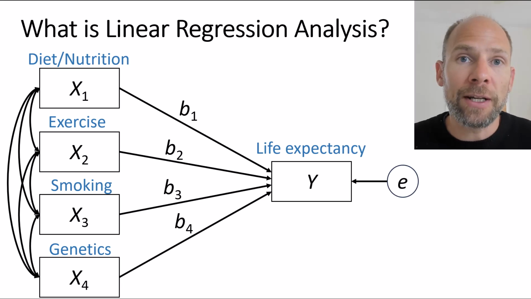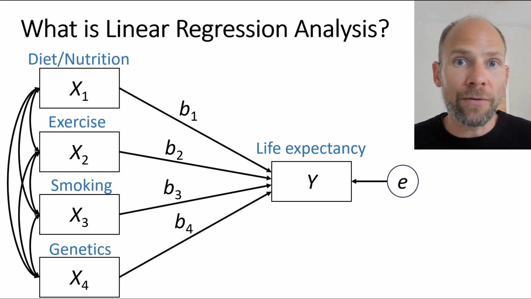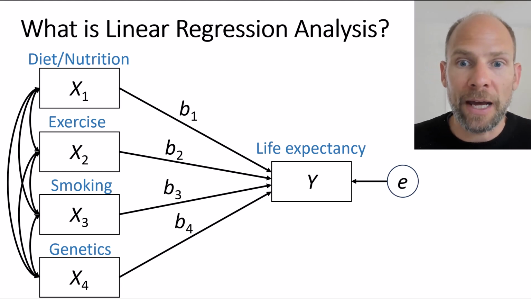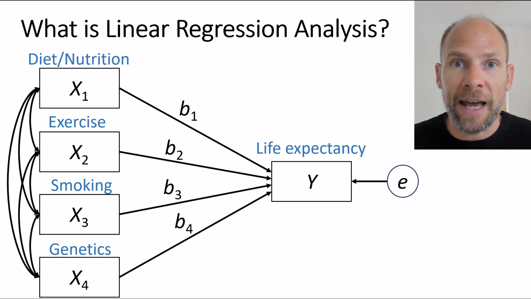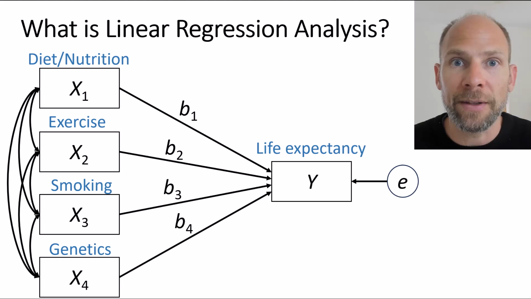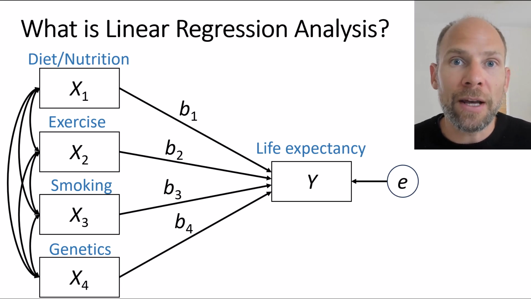Also, regression analysis acknowledges that typically our prediction will not be perfect, because first of all, we have measurement error typically in our dependent variables, so life expectancy can maybe not be measured with perfect accuracy or reliability, so there's some random noise involved here that leads to prediction errors. And then also we typically do not have access to all of the predictor variables that are relevant.